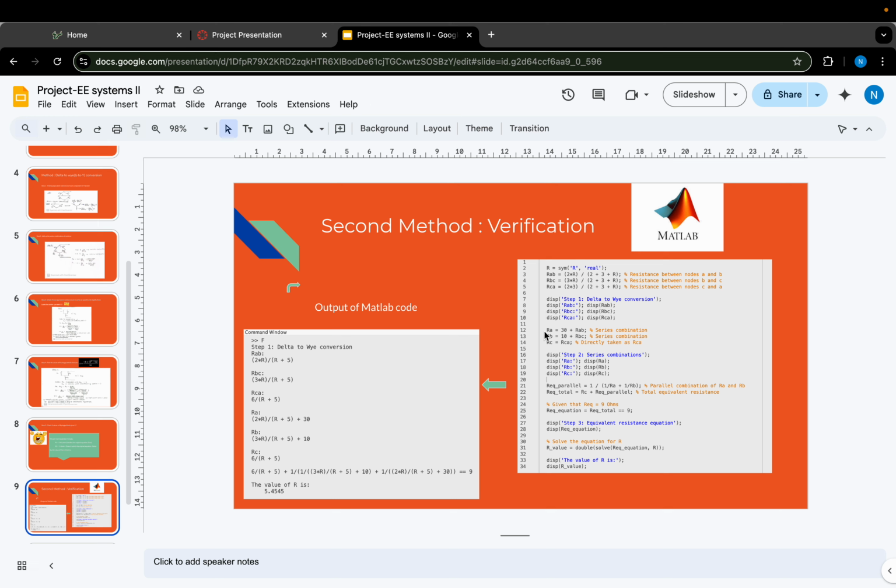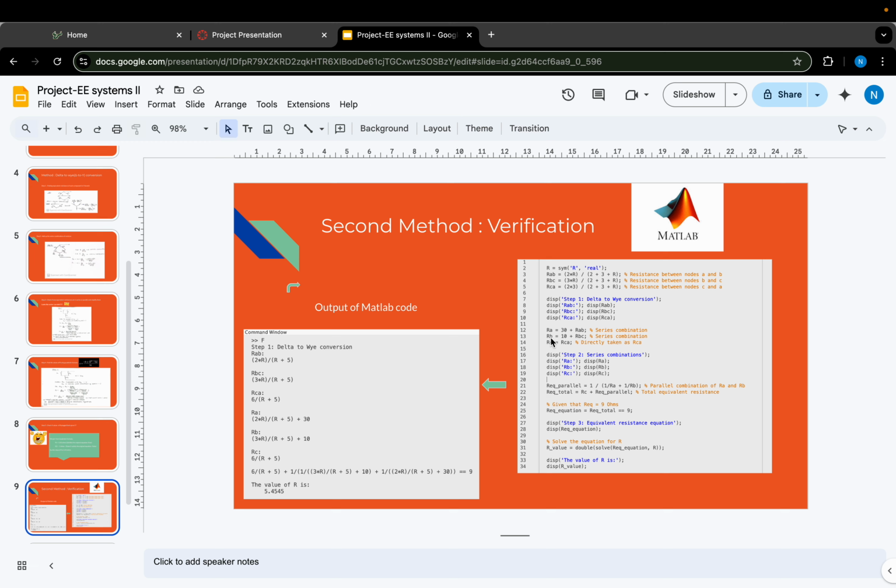After that you use these series combinations, which is 30 plus RAB and 10 plus RBC, and RC equals RCA. After that you have to show the output of what RA is, what RB is, what RC is. RA is 30 plus RAB.